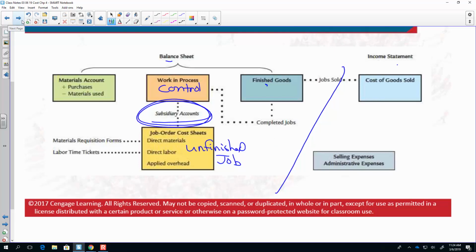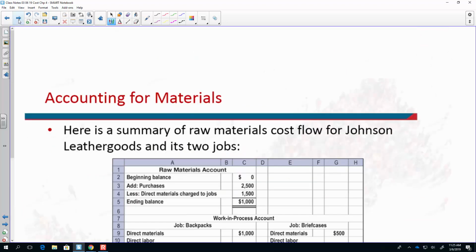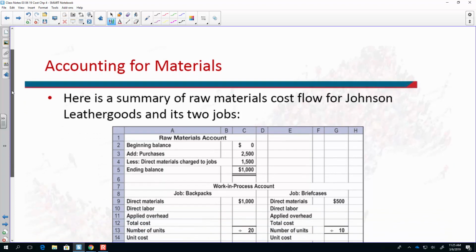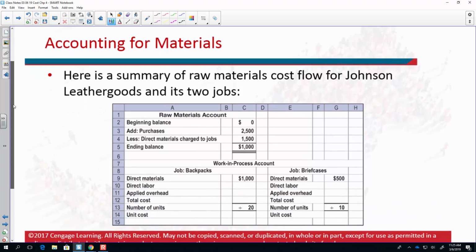Guys, remember, we are not doing, in chapter 4, the appendix B. We're only doing appendix A. And they do a review of the journal entries, the flow of this using Excel.